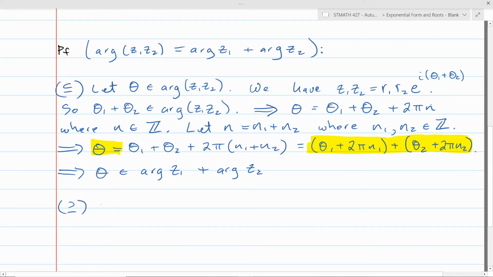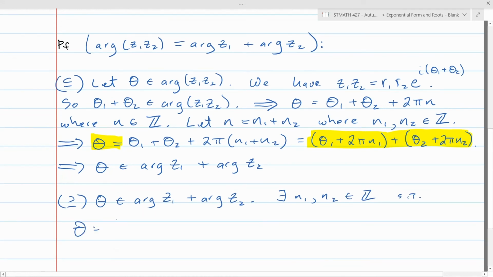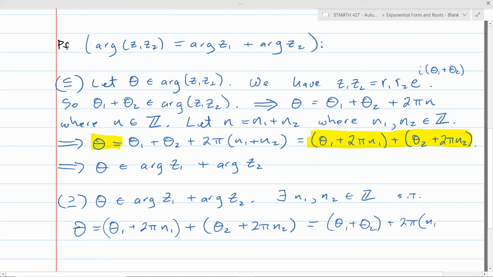Reversing the argument, if theta is in arg z1 plus arg z2, basically you're just going to reverse the steps of the previous argument. You'd say, well, there exist n1, n2 in the integers such that theta is equal to theta 1 plus 2 pi n1 plus theta 2 plus 2 pi n2. But then you could write that as theta 1 plus theta 2 plus 2 pi times n1 plus n2.